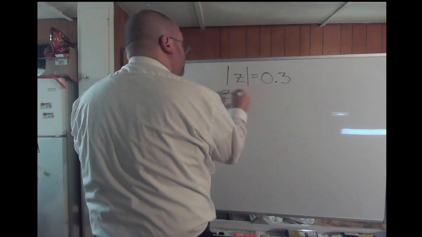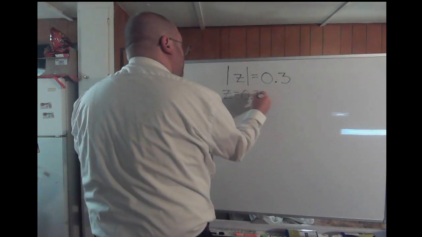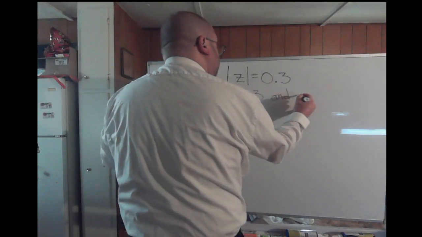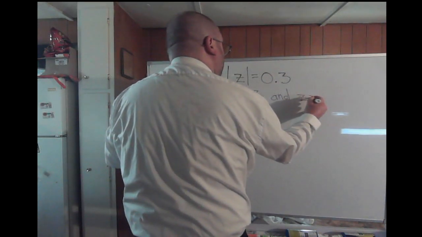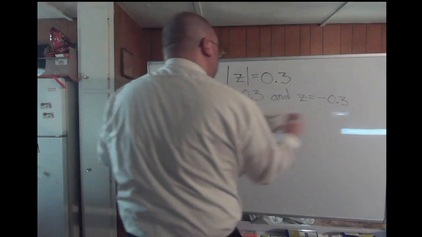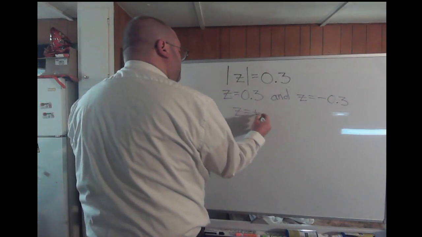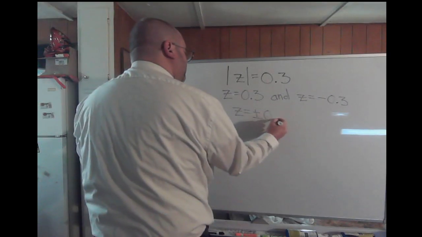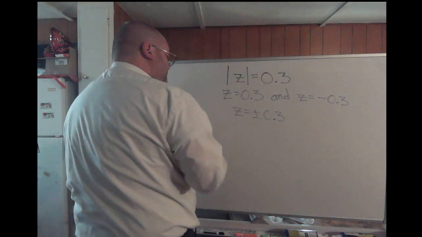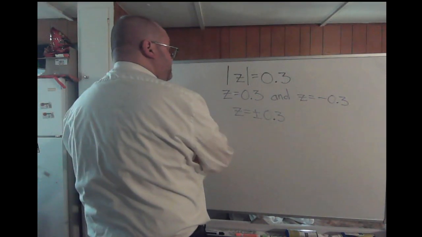You'll set it equal to the positive 0.3. And then you'll take z, set it equal to the negative 0.3. So then z equals plus or minus 0.3. That's exactly what you would get.